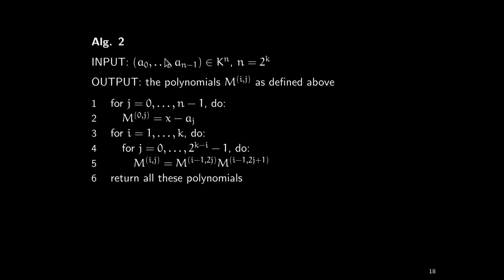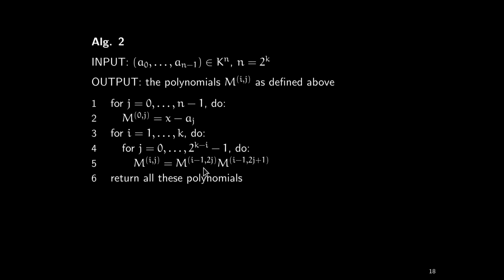I turn the input data, the evaluation points, into linear polynomials, and now I run over the levels of the tree from the first level above the leaves all the way up to the root, which is in the k's level. K is the exponent, 2 to the k is n. And then I compute each m in this level as a product of its two children in the tree.